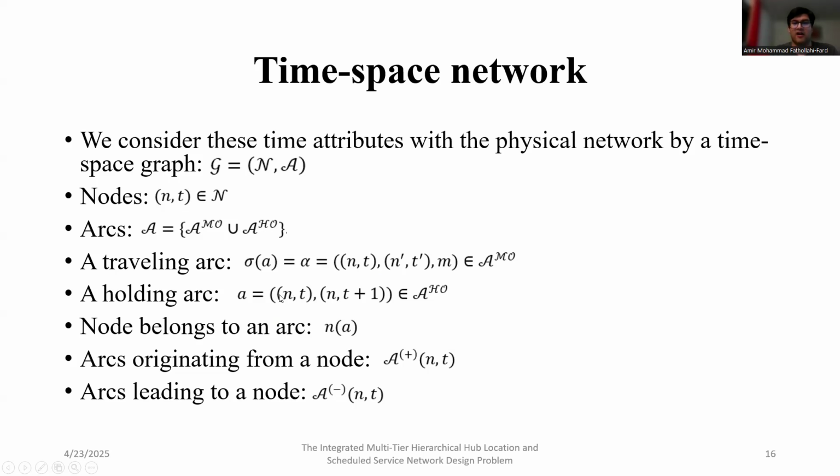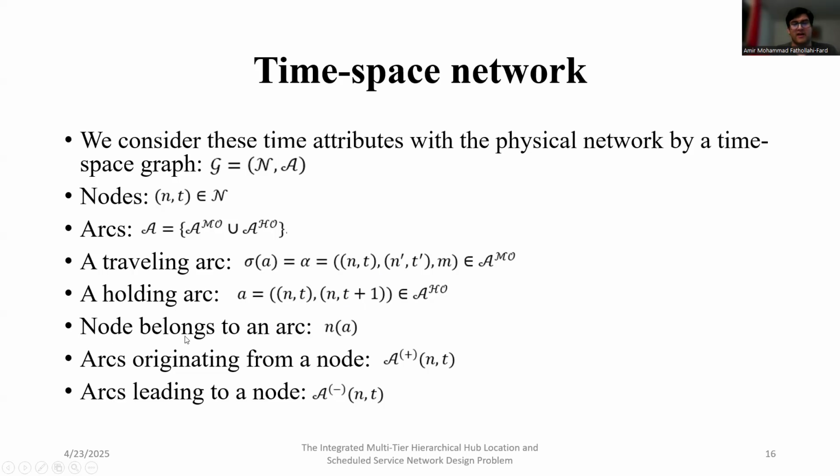The holding arc is defined only based on the time difference, from the time where we know that there is a demand which is in hub n at time t, and it must be kept at this terminal or at this hub until time t plus 1. So based on this definition, these are the holding arcs.